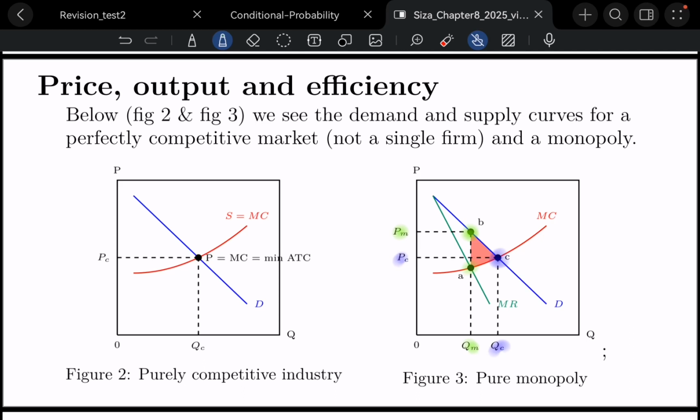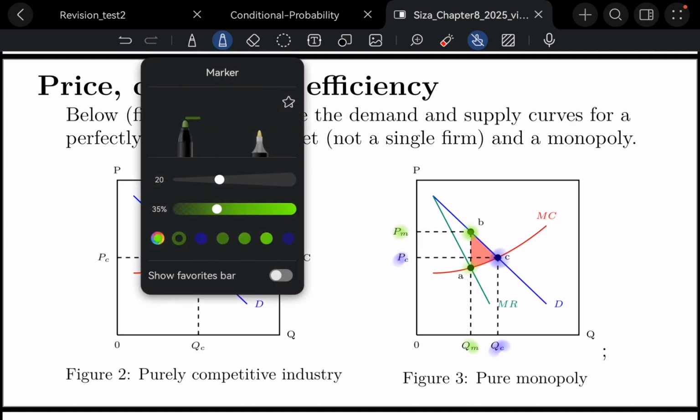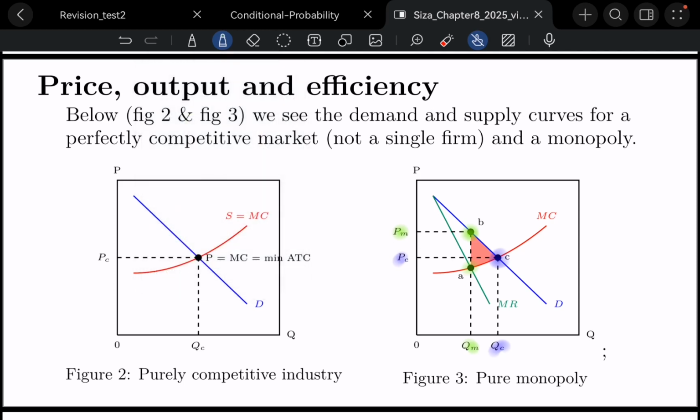And also something else happens, and this is regarding welfare. Initially, the producer surplus was equal to this area. If we look at our purely competitive graph, this area, the green area there, represented the producer surplus.